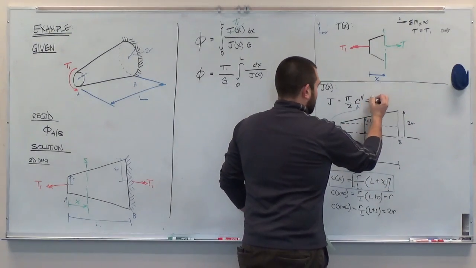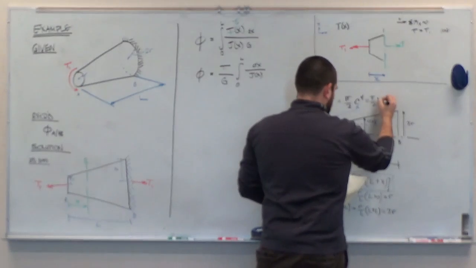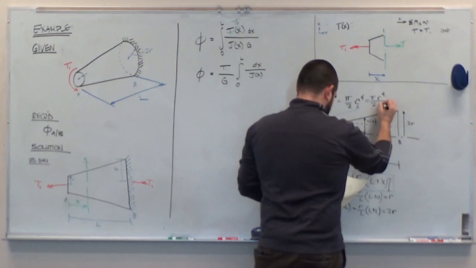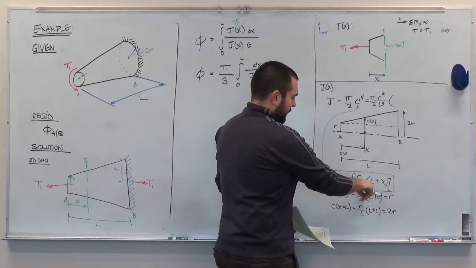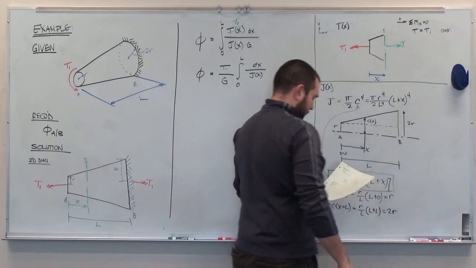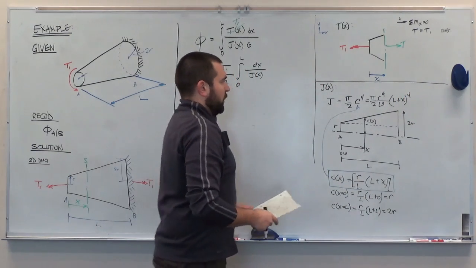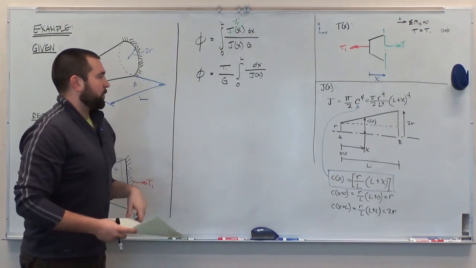So I end up getting pi over 2 times r to the 4th over L to the 4th times the quantity L plus x to the 4th. That's what's going to end up going into the denominator of my angle of twist equation.